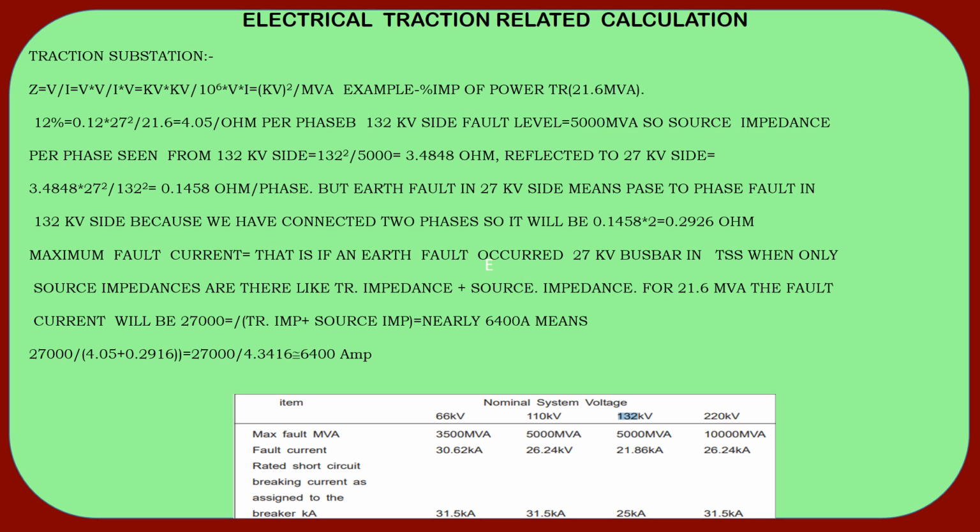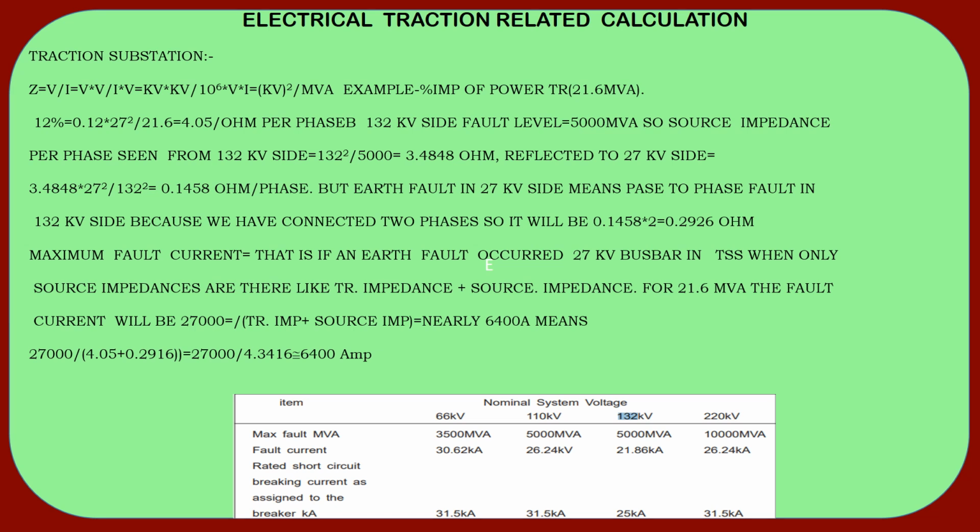So we have to calculate the source impedance. It will be added during an earth fault of the 27 kV bus. The maximum fault current will occur when only the source impedance and transformer impedance are there.